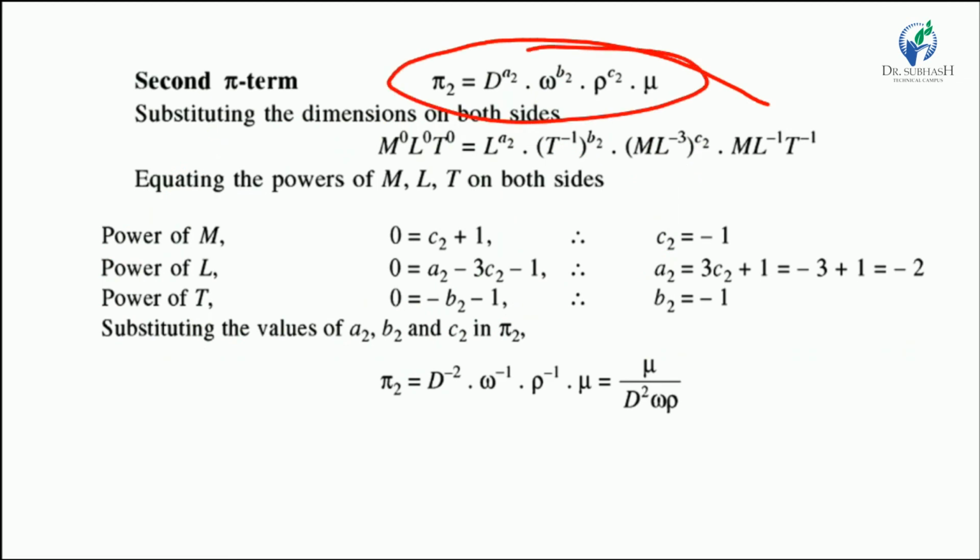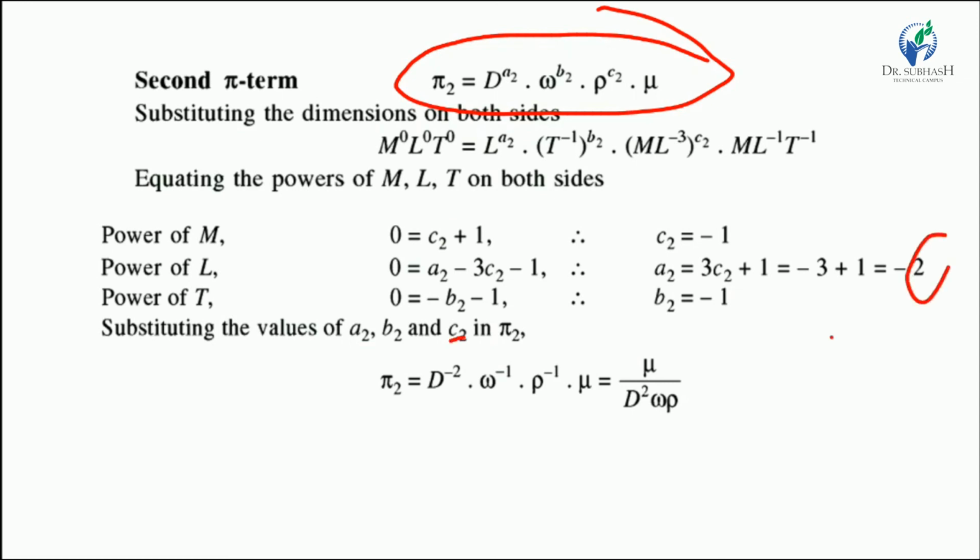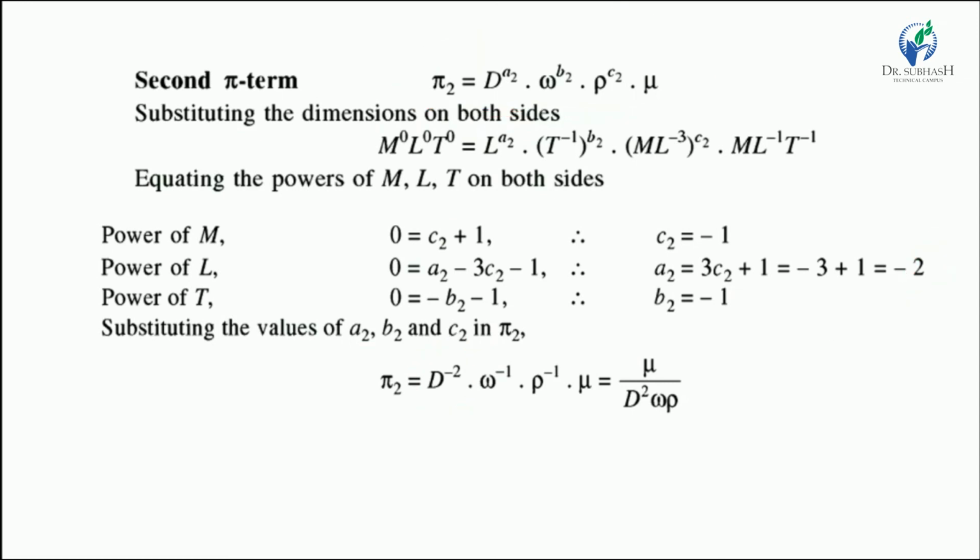Now solve the second pi term. Write all the variables in the form of MLTs. Now comparing the powers of M, L and T on both sides, put the values of A2, B2, C2 in this pi term. D has power A2, so A2 value is minus 2, so D has power minus 2.